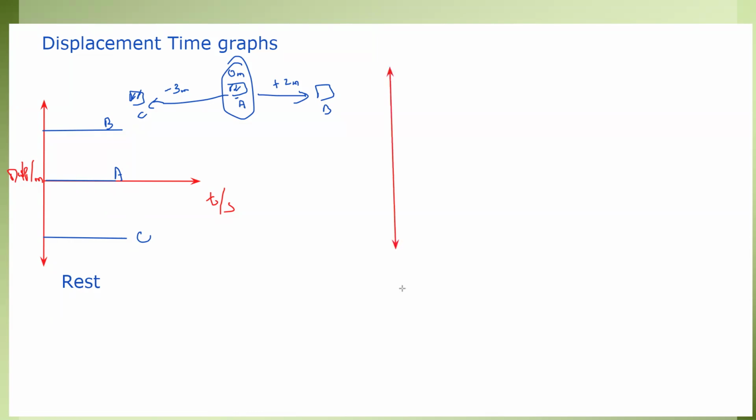Now we can have a displacement time graph which might be a straight line. What can you say about this displacement time graph?